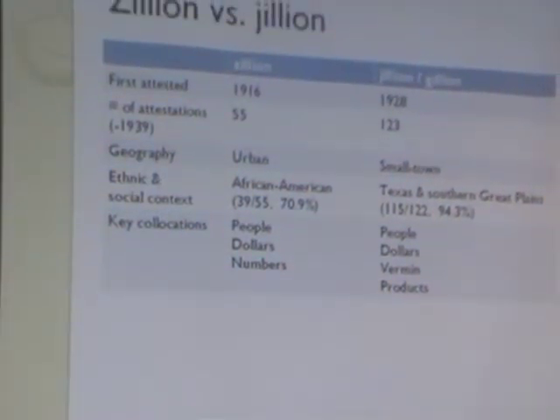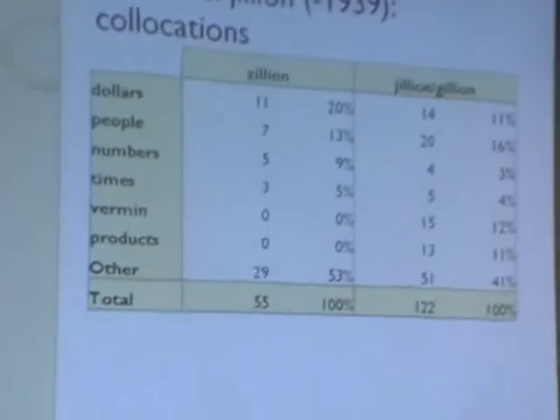Those are phrases like a zillion and a half or 6 zillion or a million, zillion, billion, all within this category of numbers. There are actually only 5 examples with zillion and 4 with jillion that have that kind of structure. So we wouldn't be able to draw any broad conclusions about how frequent things like a zillion and a half might be, because there are just too few instances for that to be meaningful.